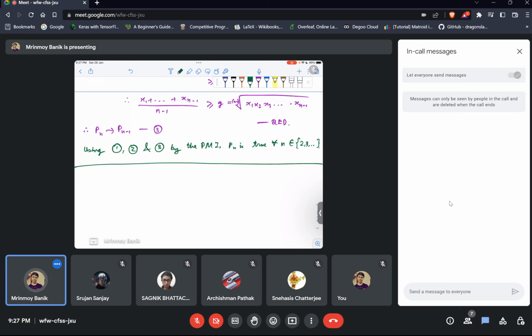By the way, there's a totally different way of proving this, like using the quadratic formula. We will have a look at it next time.